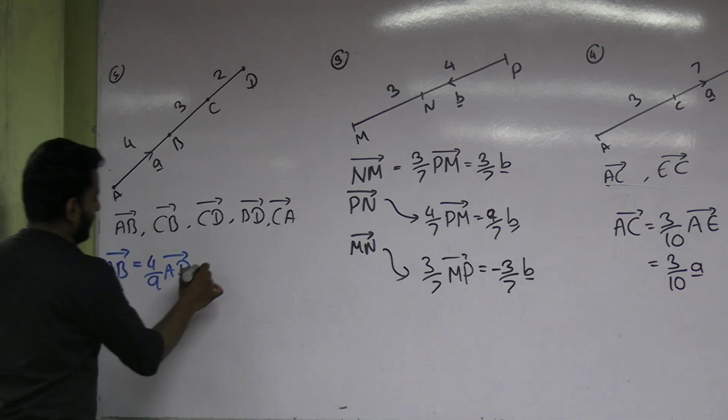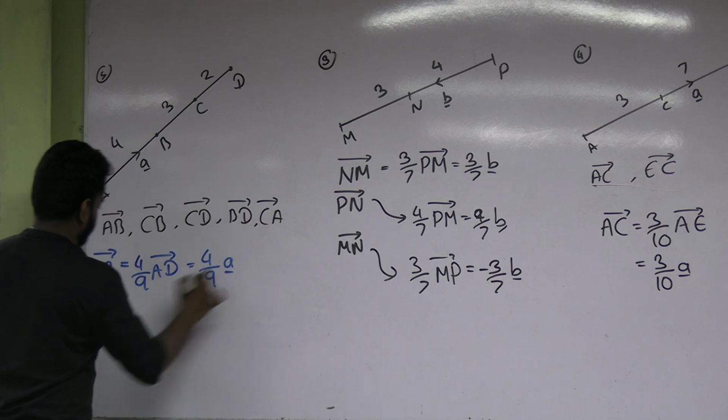The vector AD is simply A, so it is 4 over 9 simple A.